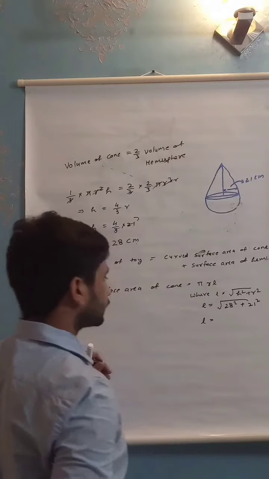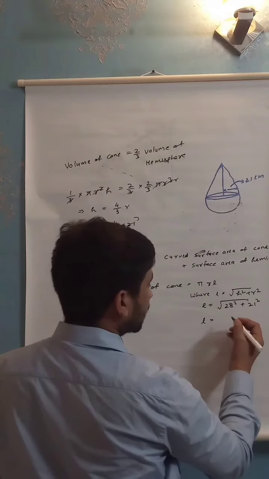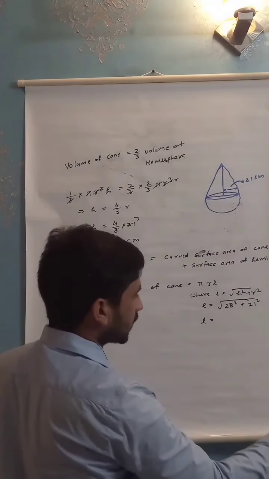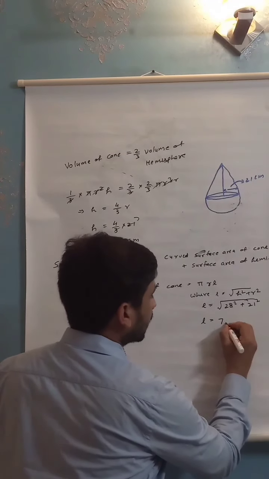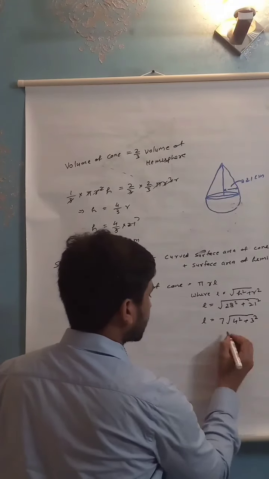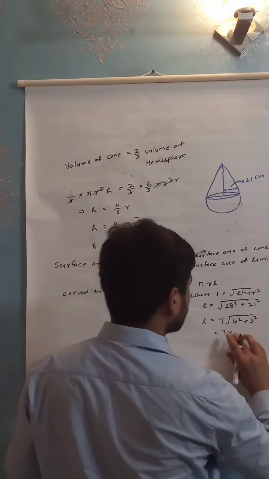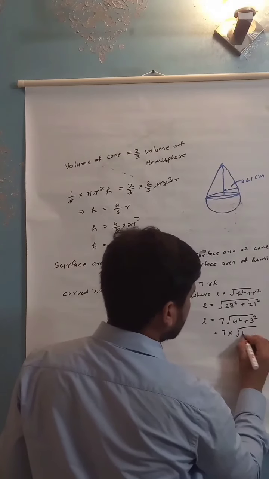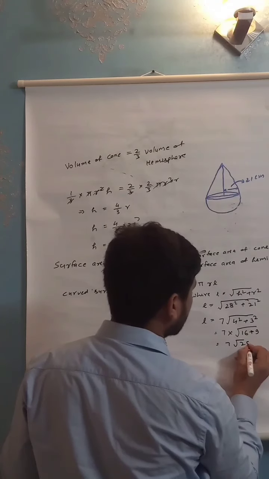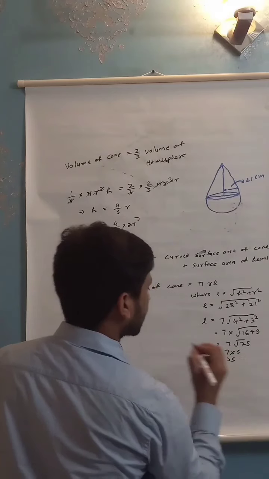L equal to 7 square can be taken outside, 7 under root 4 square plus 3 square, which is equal to 7 into under root 16 plus 9 equal to 7 under root 25 equal to 7 into 5 equal to 35.